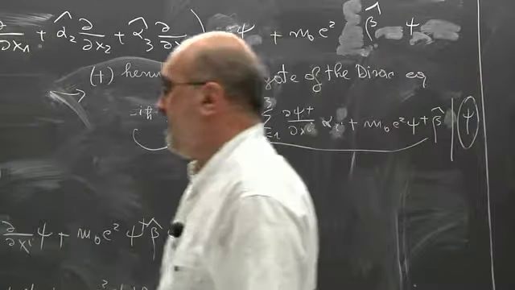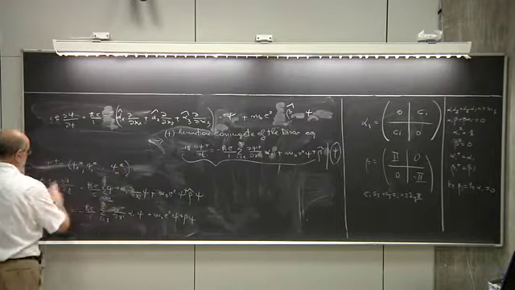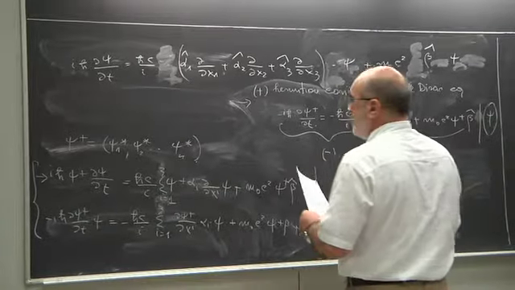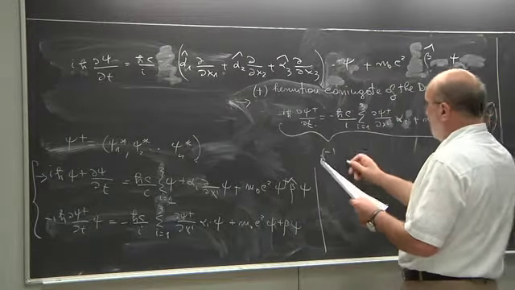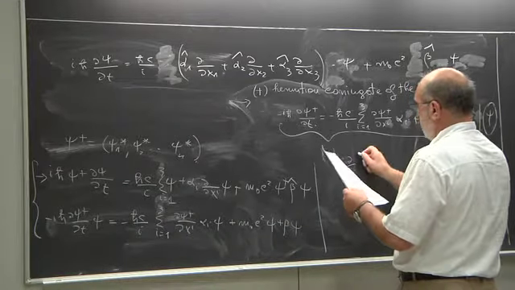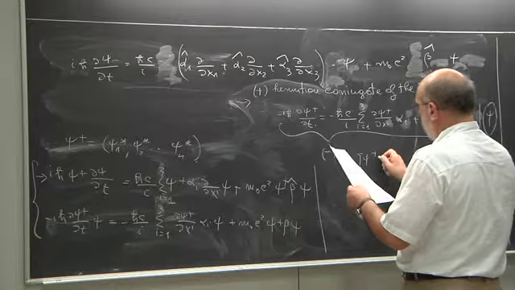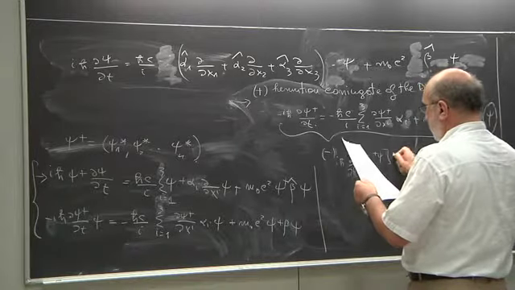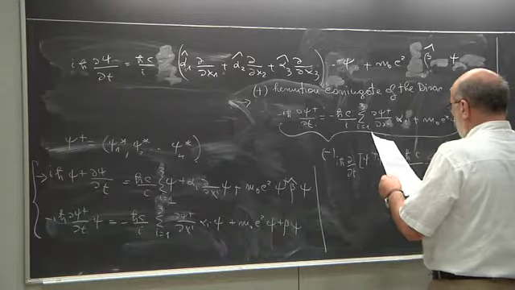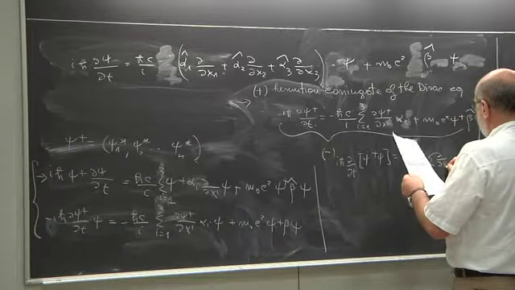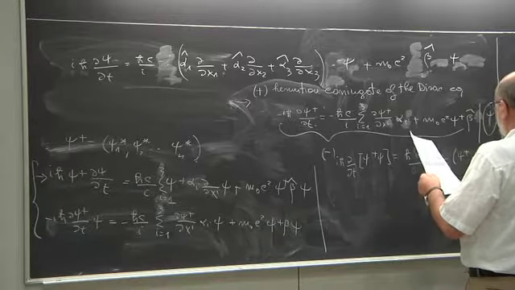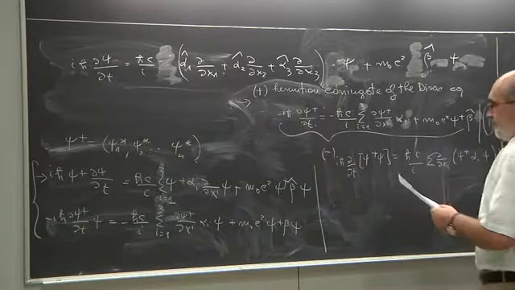I subtract the second one from the first one, and then what I get is iħ d/dt of psi dagger psi equal ħc over i, sum of d/dx_i of psi dagger alpha i psi.